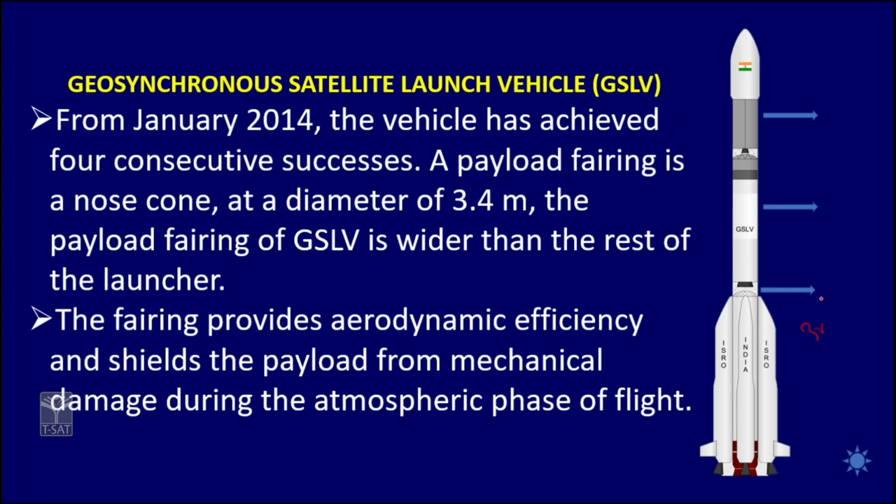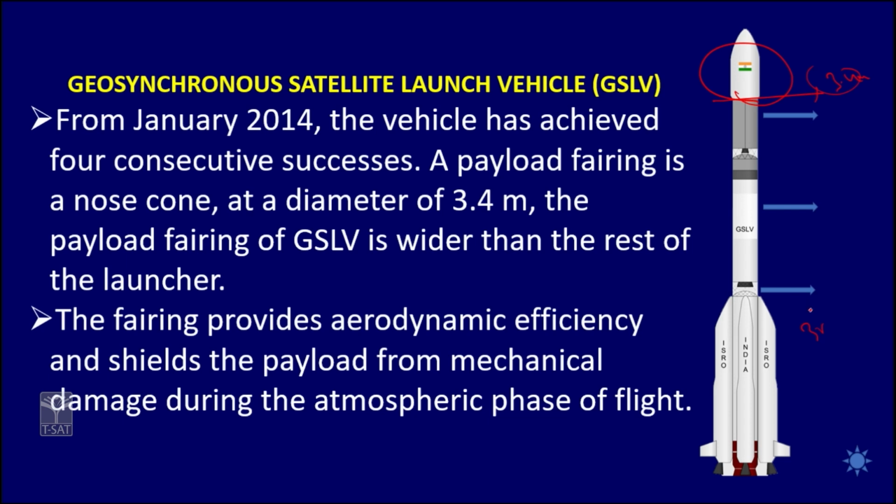Geosynchronous satellite launch vehicle has 3 stages, whereas PSLV has 4 stages. From January 2014, the vehicle has achieved 4 consecutive successes. A payload fairing is a nose cone, that is this part, at a diameter of 3.4 meters.